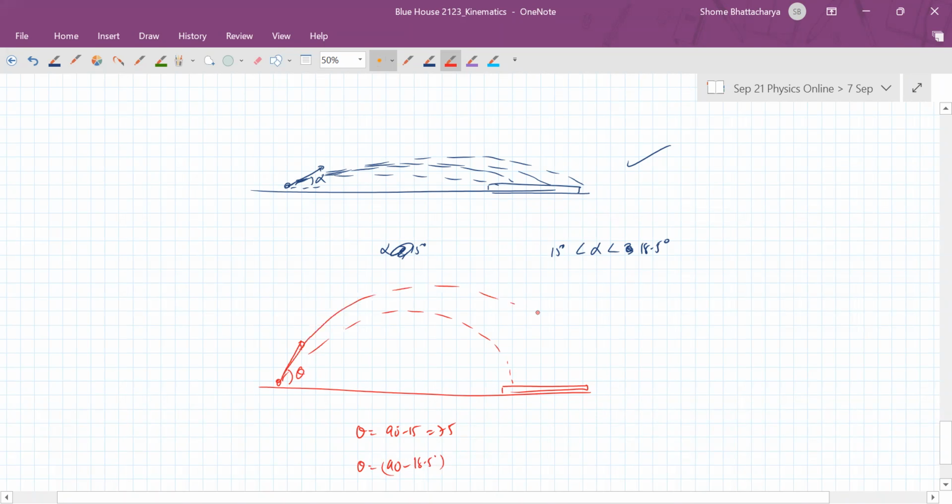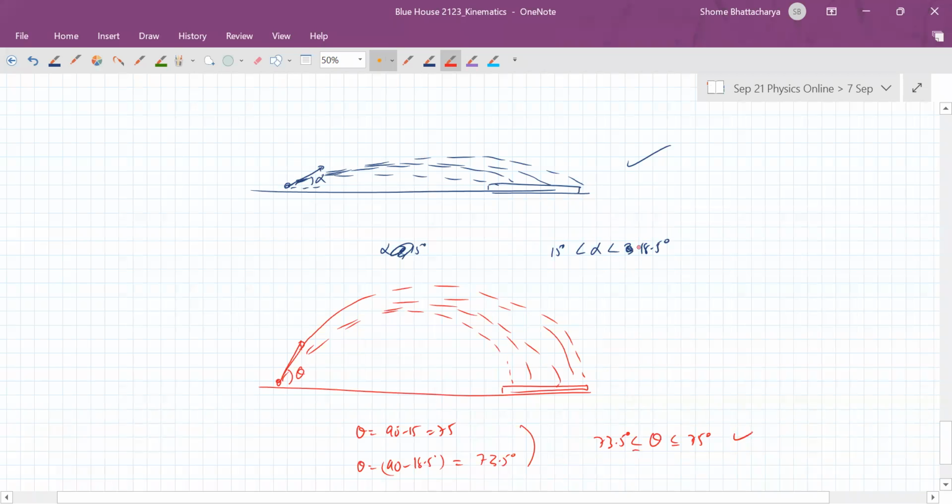You'll get a range like this. So this is how much? This is 73.5 degrees.